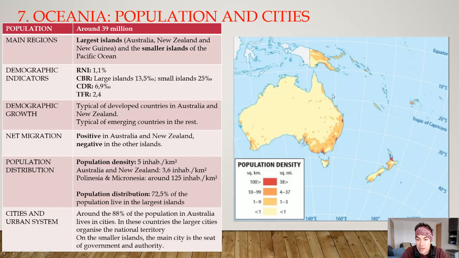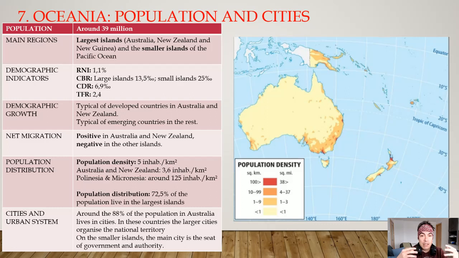As you can see here, the population in Australia is concentrated in the southeast regions of the island, and in Polynesia and Micronesia, which are the islands of the Pacific, the population density is very high. Why? Because they have a small population, but the area in which they live is very, very small.